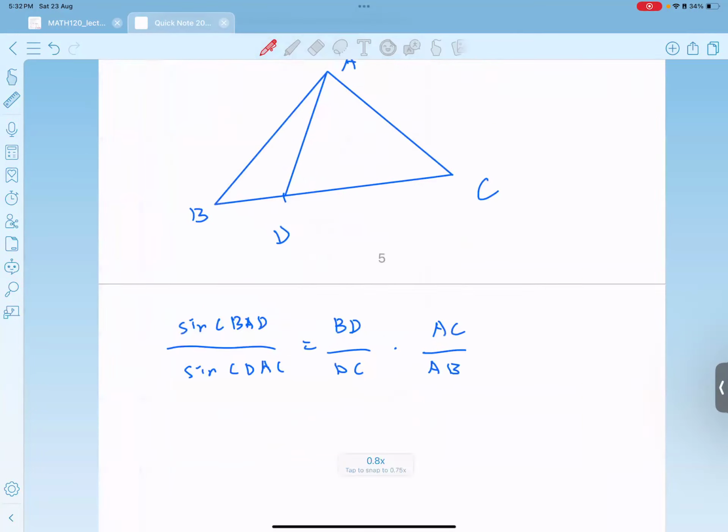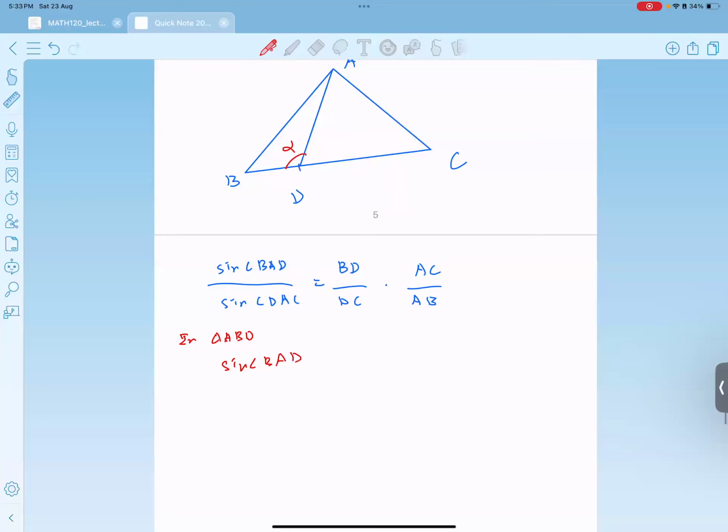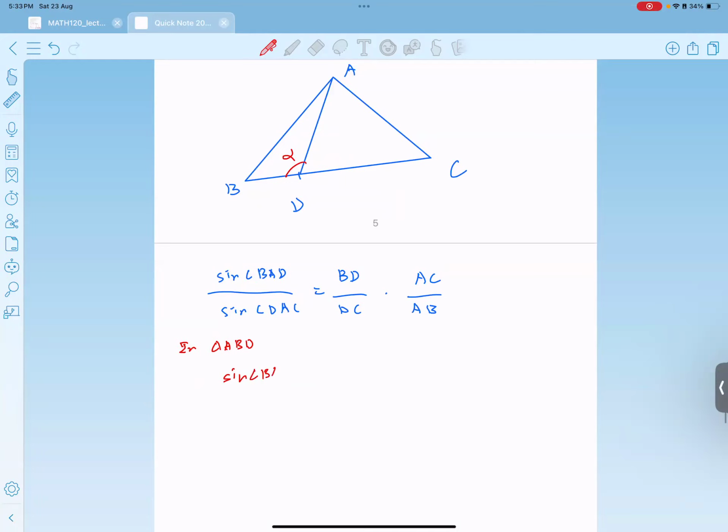So if you use sine law in triangle ABD, then you'll have sine angle BAD, let's call this alpha, over BD is equal to sine alpha over AB.